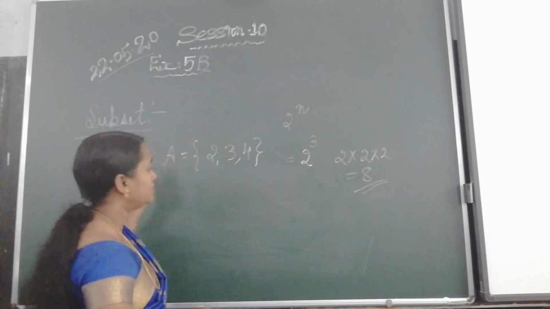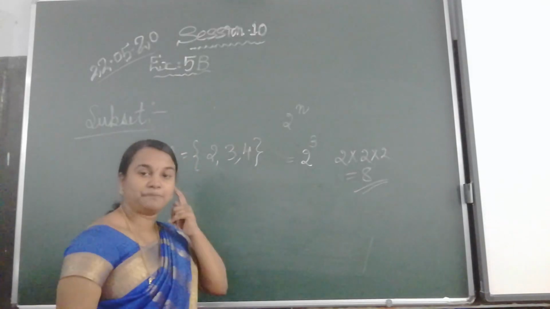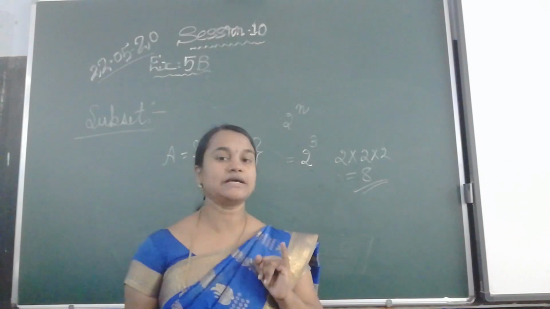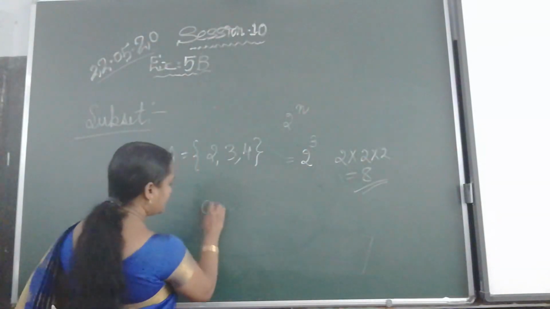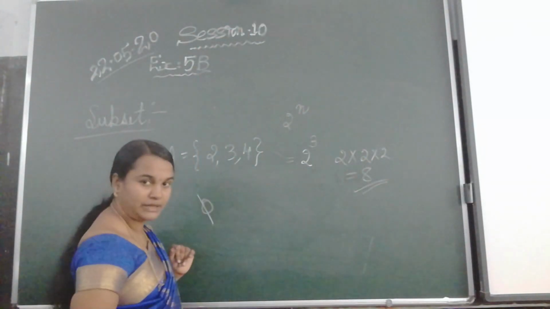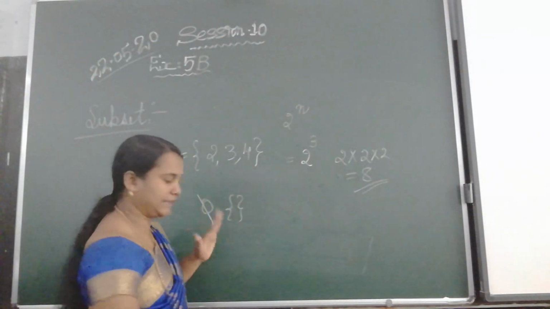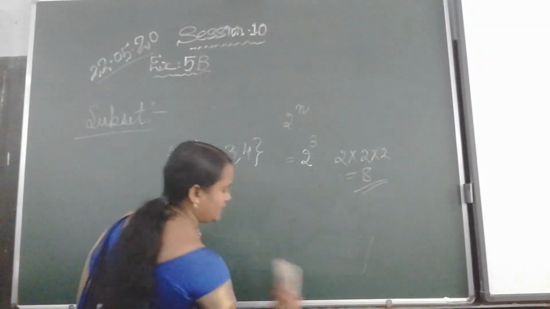Clear? Which are the subsets? That also we will write now. In the subsets, children, you always have to write the empty set. That is the null set. You can write it like this also as phi. First one is always the same.